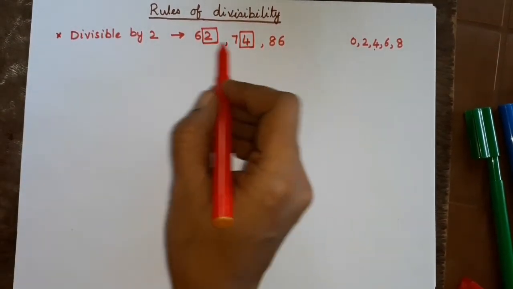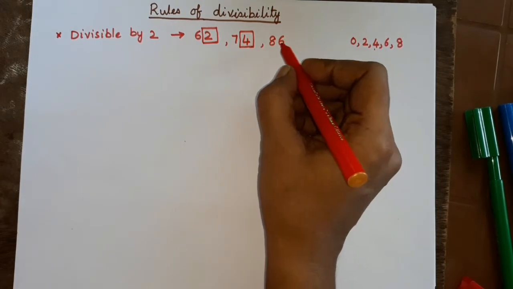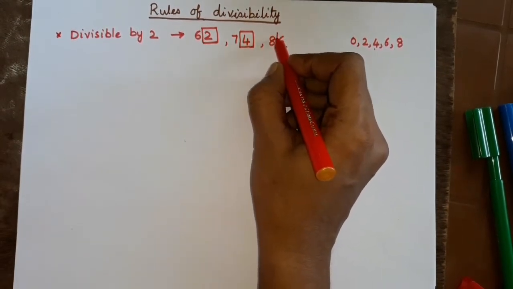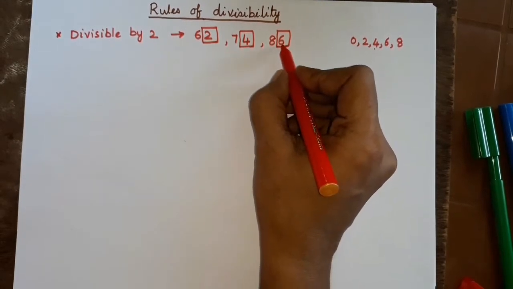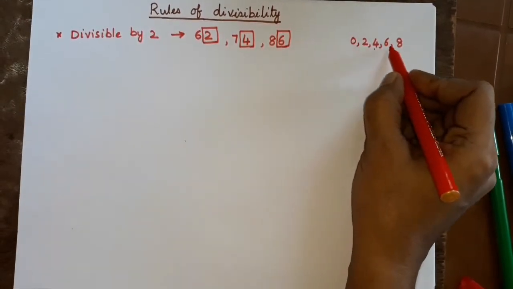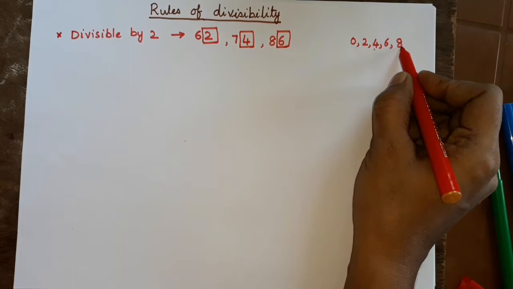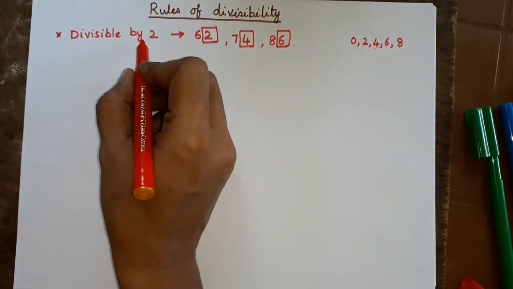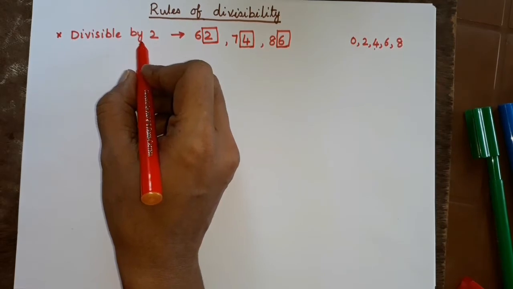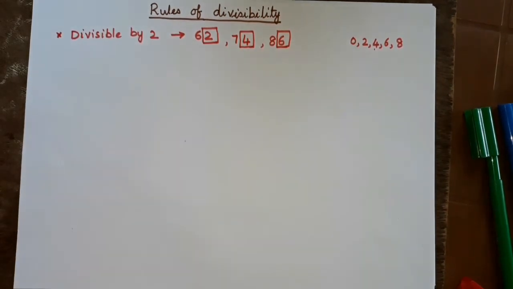Is it divisible by 2? We will check the same rule. Take the digit in the ones place, which is 6. Is it given in the set 0, 2, 4, 6 and 8? Yes, it is there. So 86 is divisible by 2. Hope you understood this.